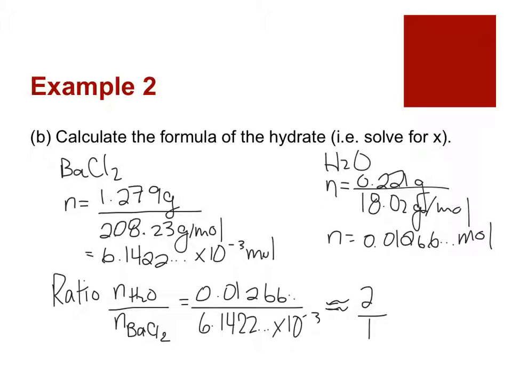You can think of it this way. That means that for every 1 molecule of barium chloride, there are 2 molecules of water associated. So this 2 is our value for x, meaning that our barium chloride hydrate has the formula BaCl2·2H2O.